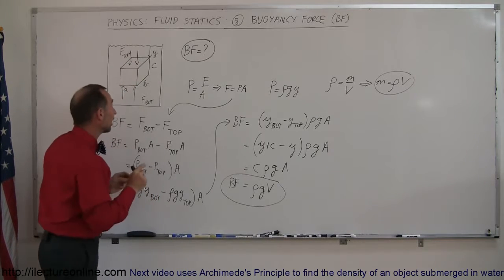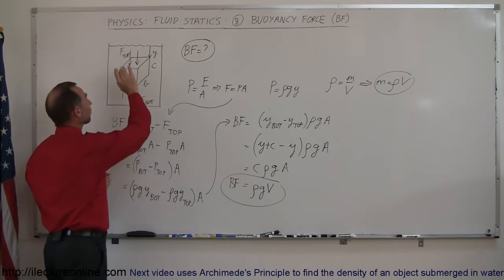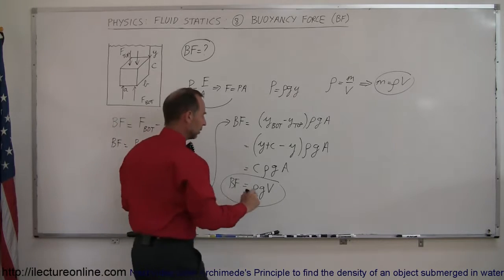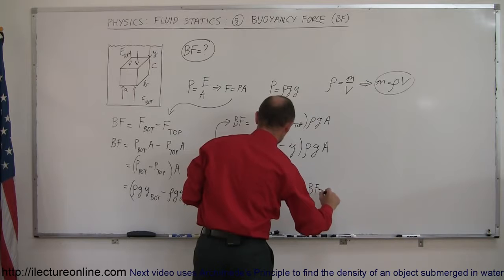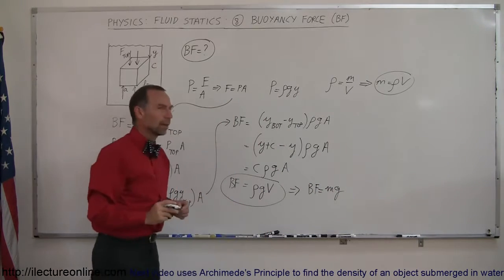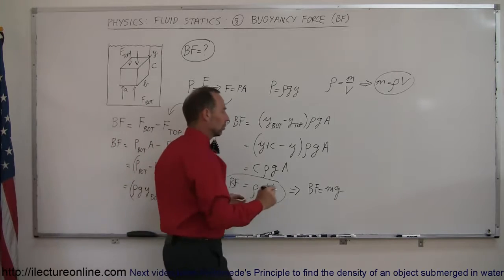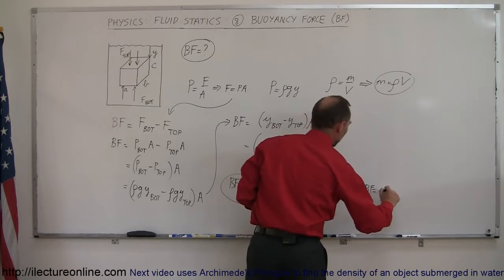Remember, the density is not the density of the cube, it's the density of the liquid. So the density of the liquid times the volume equals the mass of the liquid that was there. So the buoyancy force is equal to mass times g, and mass times g is actually the weight.